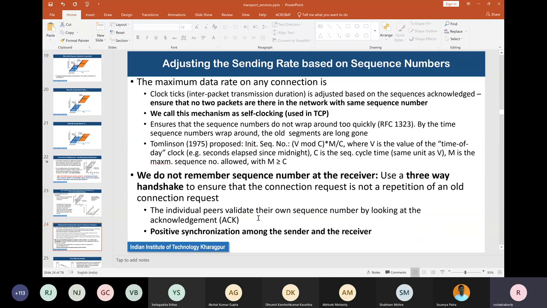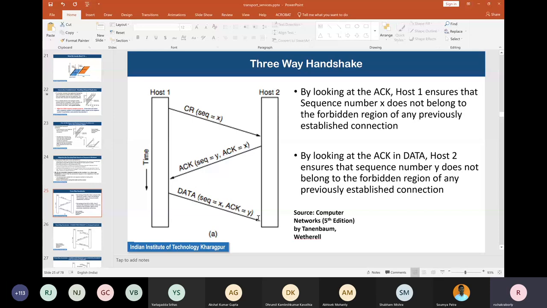In positive synchronization, the two hosts that are communicating, other than sending and receiving data packets between themselves, piggyback or superimpose certain additional information to help the other party, to kind of remind the other party what type of expected behavior is to be got from them. An example is the connection establishment through a protocol called three-way handshake.